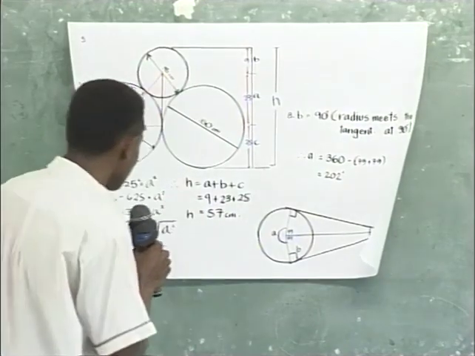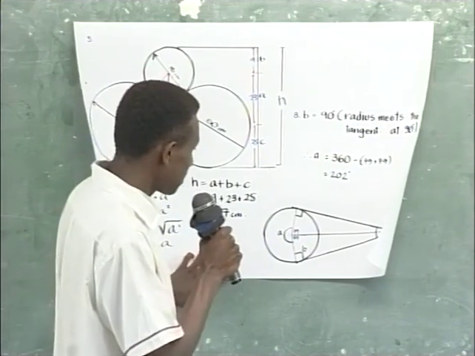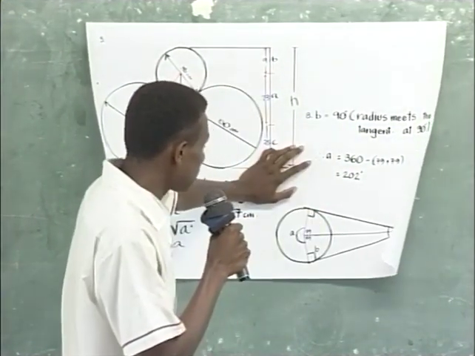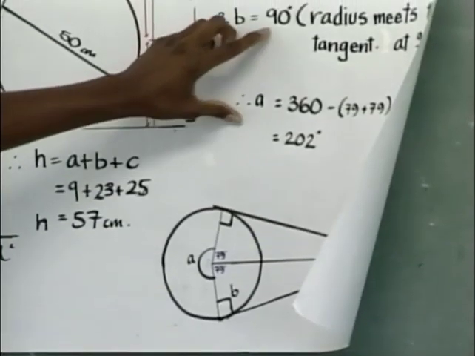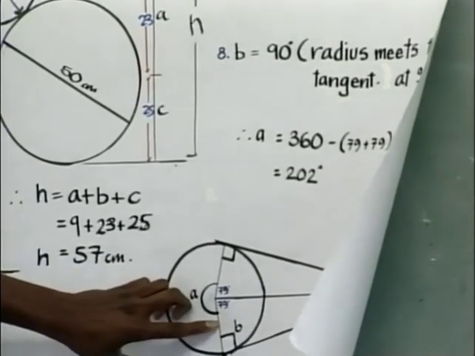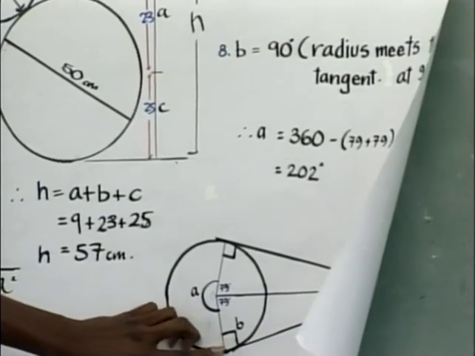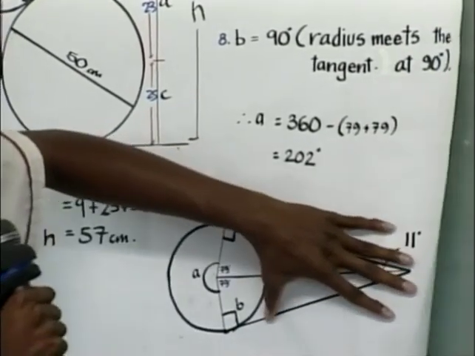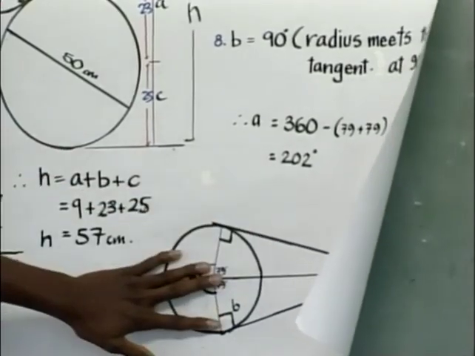Question 8 reads, find the angles A and B. First of all, angle B is 90 degrees because the radius meets the line of tangent C, which is this line. So B is 90 degrees.